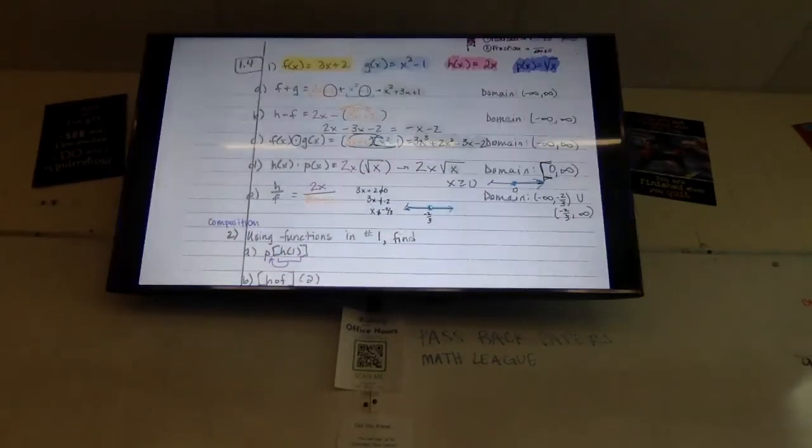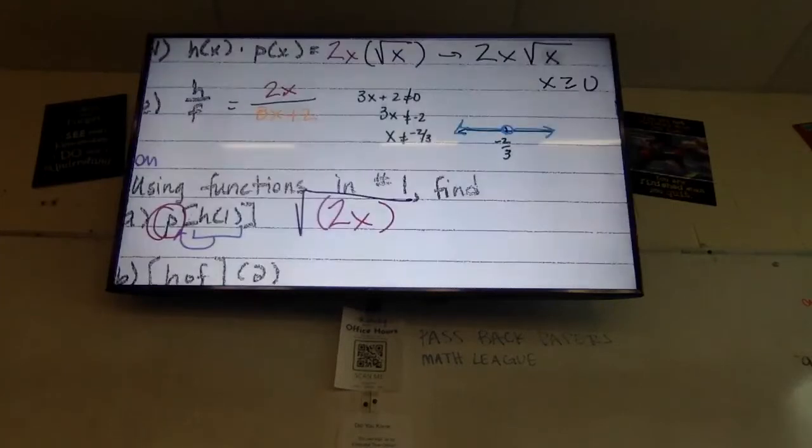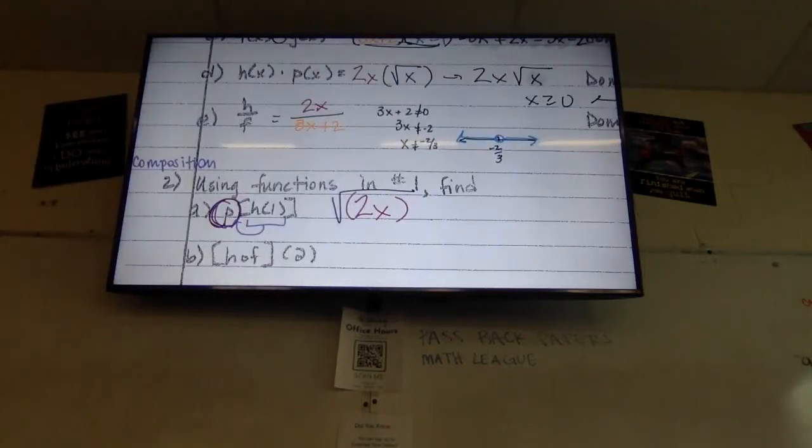H was 2X, so I'm gonna start with my 2X, and that is gonna go inside of my P function at X. Instead of writing an X in my P function, I have my new expression, which is that 2X. So I'm gonna write radical, and instead of writing X, we write our H function. So P is on the outside, and we put H inside of P.